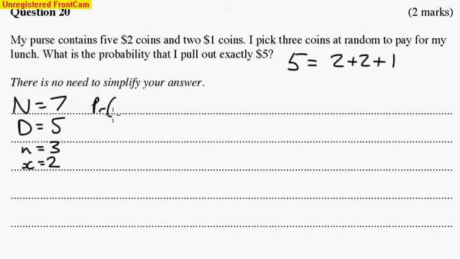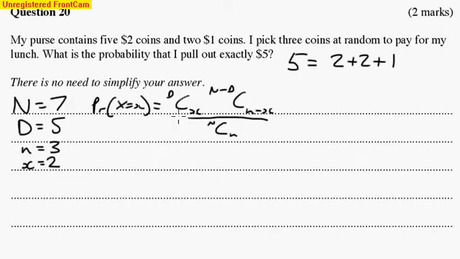The equation being that the probability that X equals x is DCx times N minus DC n minus x, and NCn on the bottom.